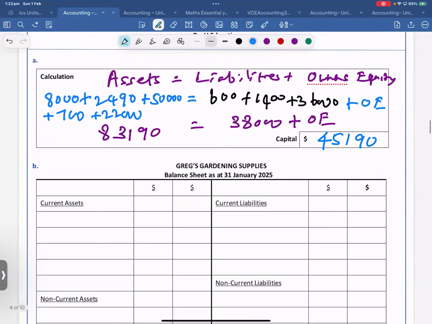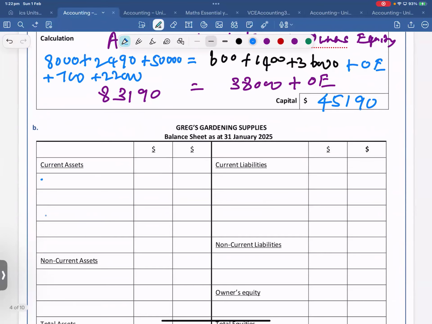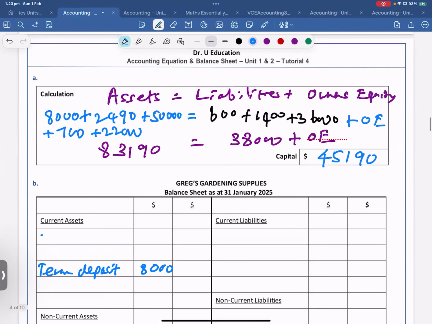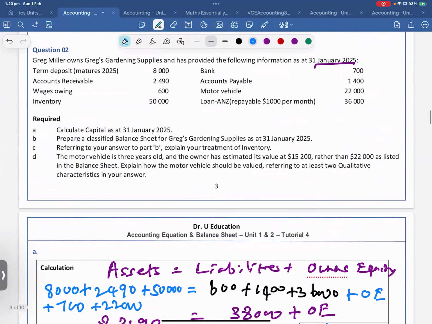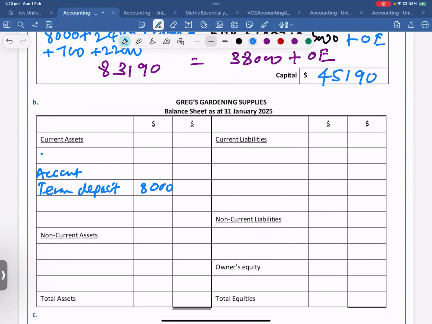So it's going to be a current asset. I'll write here: term deposit 8,000. Then accounts receivable 2,490.